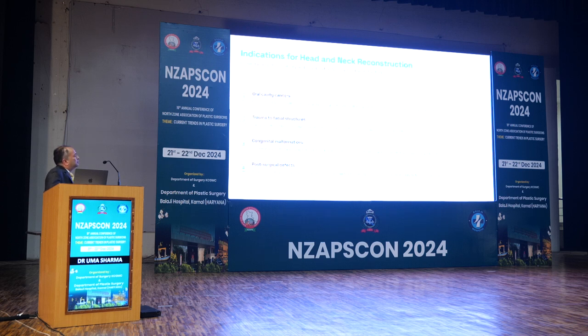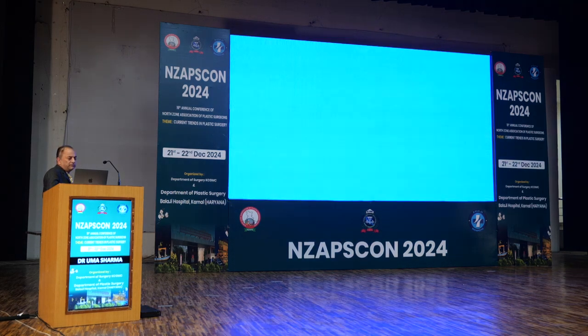Microvascular surgery is also helpful when there is massive trauma with soft tissue or bony loss. Some congenital malformations like craniofacial anomalies can be managed with microvascular surgery, and post-surgical defects, like in osteoradionecrosis and sometimes infections, can be easily managed too.